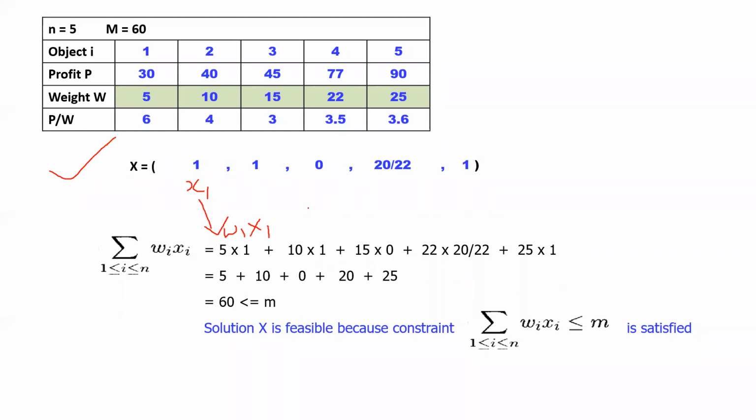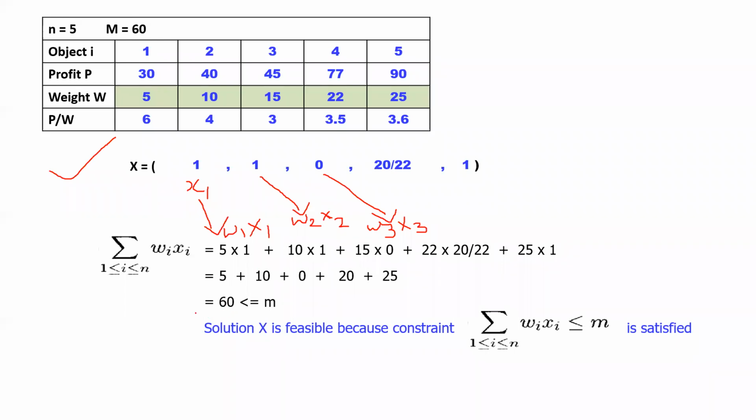The weight of the first item is 5 and it is fully filled, so it is 5 into 1. Then the second item, W2, the weight of the second item into whether it is fully or partially filled. It is 10 into 1. Then this is W3 into X3. Object 3 is not filled, so its status is 0. Its weight is 15, so 15 into 0. So I have calculated the sum of products of weights and the objects.